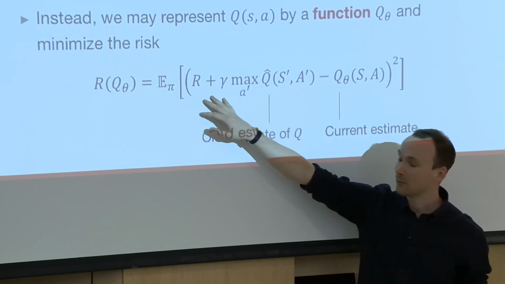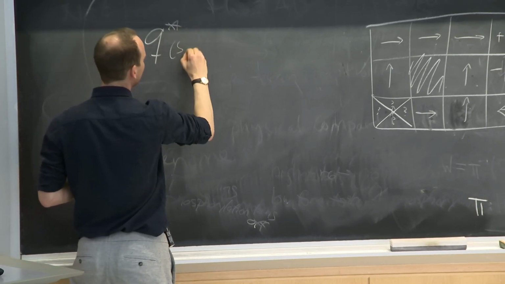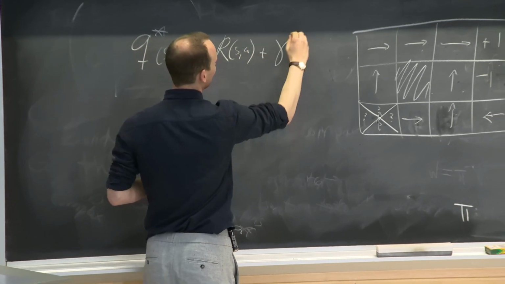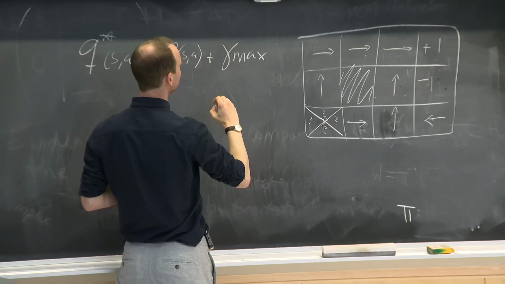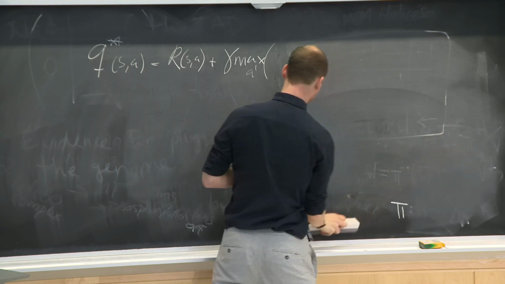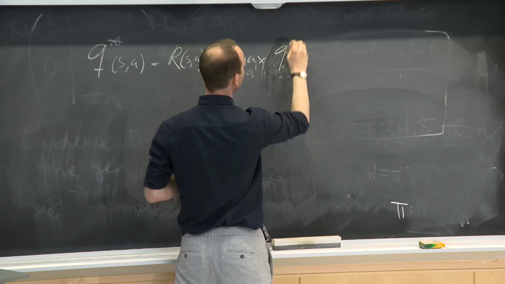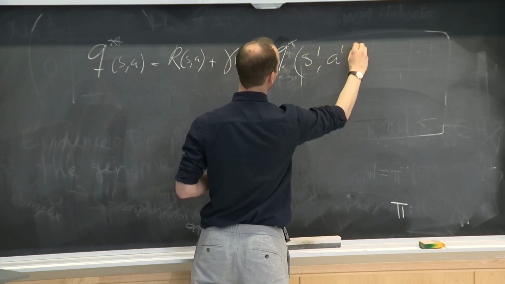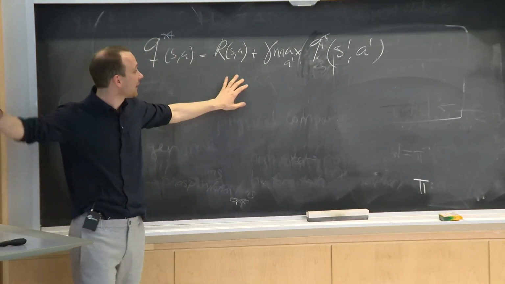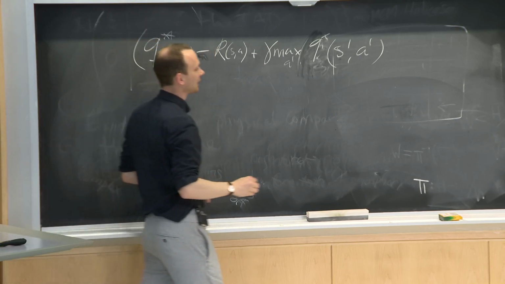Remember, before we had the Bellman equality, we said that Q star(S, A) is equal to r(S, A), let's say, plus gamma max over A prime of Q star(S prime, A prime), where S prime is the state we get to after taking action A in state S. So the only thing I've done here is to take this equality and make it instead a loss function on the violation of this equality.